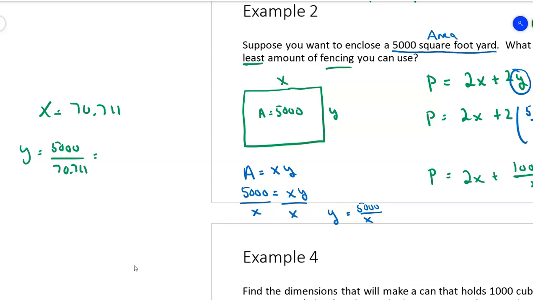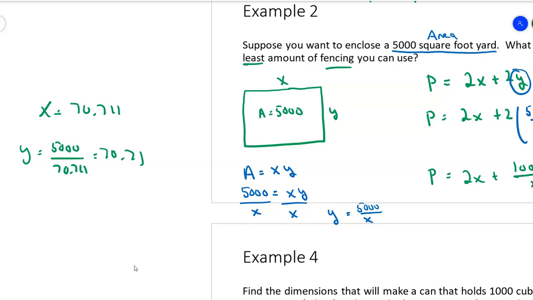All right. I can grab a regular calculator and divide those out. Yep, and I get 70.71 for the other one. Turns out this thing is a square. Not everyone will work out to be a square, but this one is.